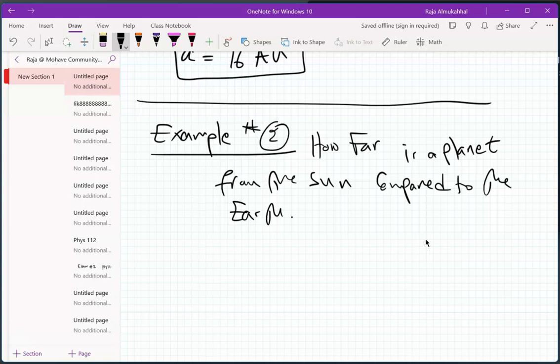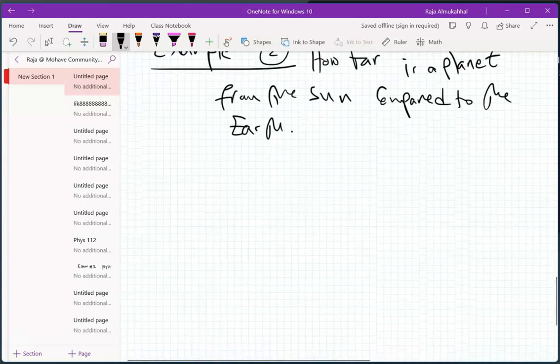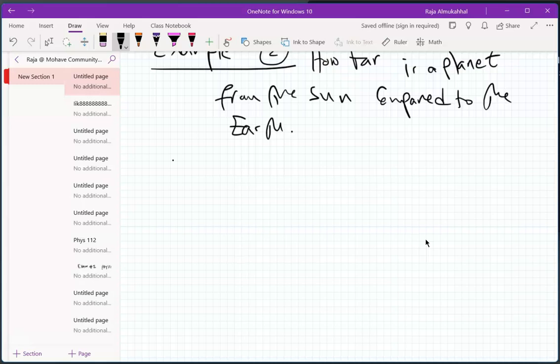Okay, and basically what we are doing here, I'm looking at my notes. So basically we have Pluto. The period of Pluto is 248 years, and we want to know how far is Pluto. Okay, and then we want to compare it to the Earth.